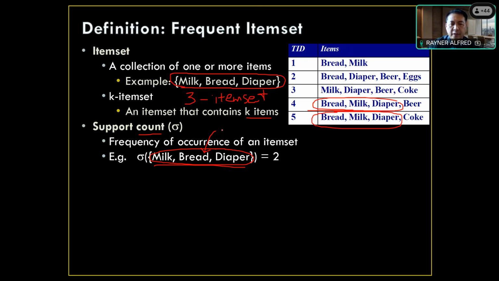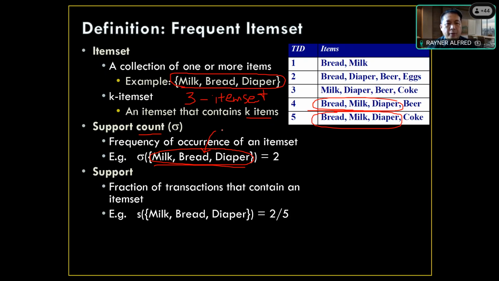We have another definition which we call support. Support refers to the fraction of transaction that contain an item set. So this is referring to the fraction. So for this one, we have the support count equal to 2, right? So 2 out of 5.